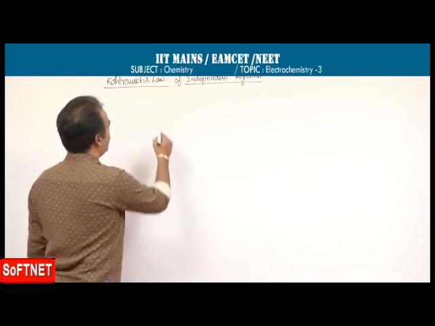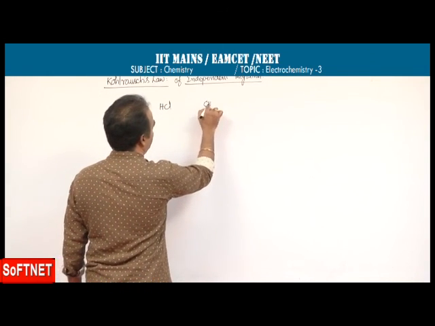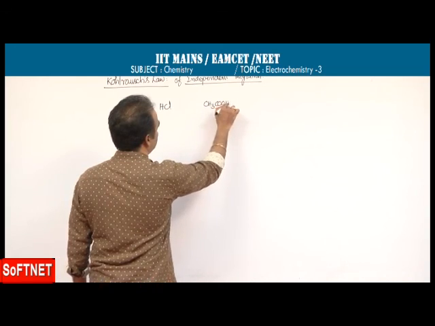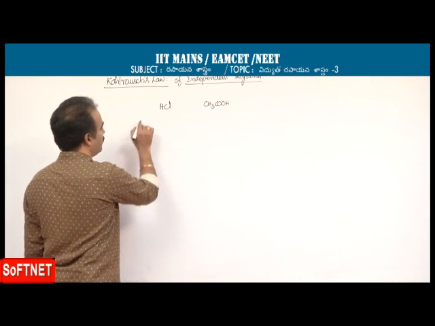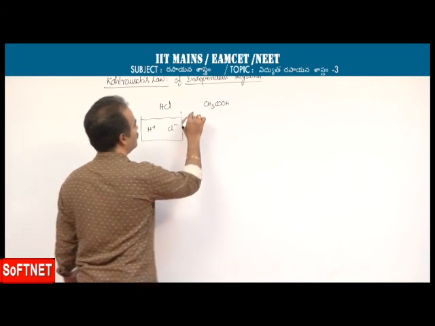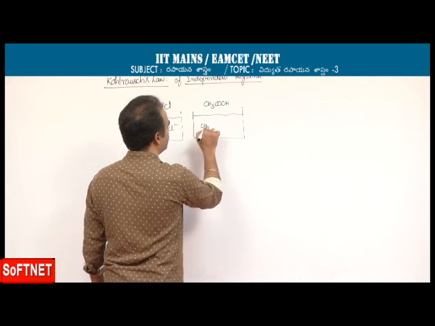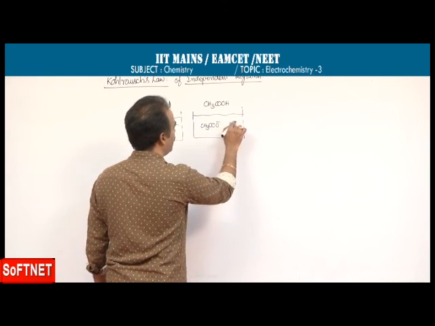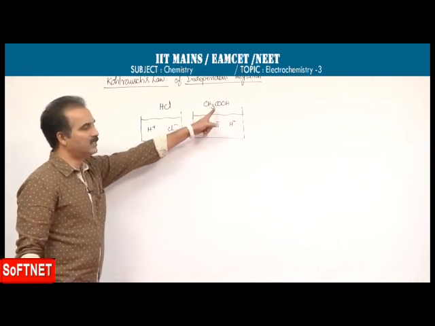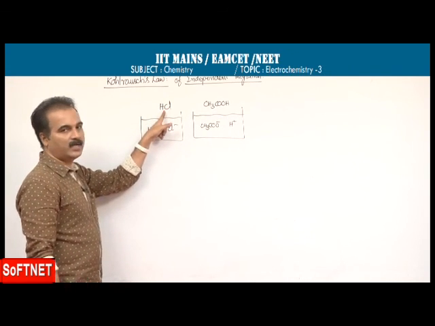So, here now I am taking a strong acid HCl and a weak acid CH3COOH. When you dissolve HCl in water, you will get H plus and Cl minus. When you dissolve acetic acid in water, you will get CH3COO minus and H plus. Of course, this is not completely dissociating and this is completely dissociating.